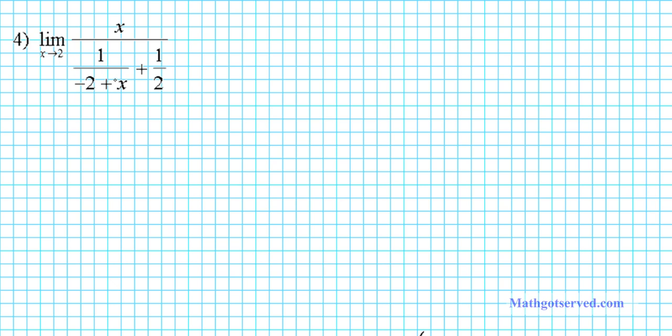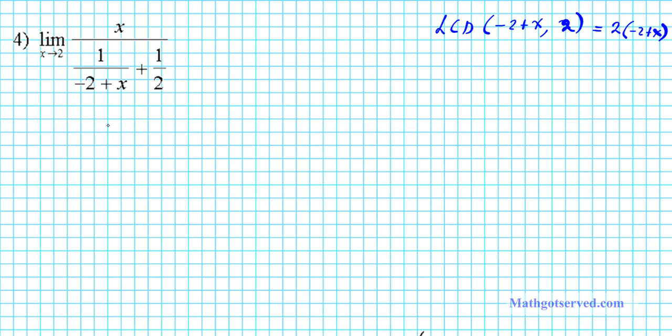So I'll simply multiply the numerator and the denominator by the LCD of the denominator. The LCD of negative 2 plus x and 2 is the product of both of them, 2 times negative 2 plus x. That's the LCD.